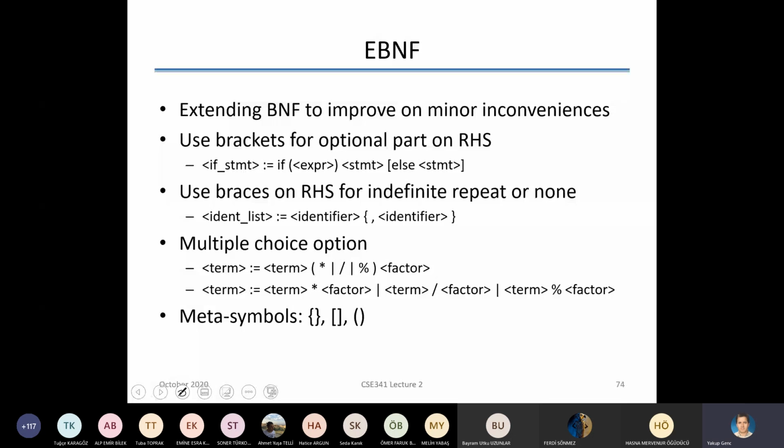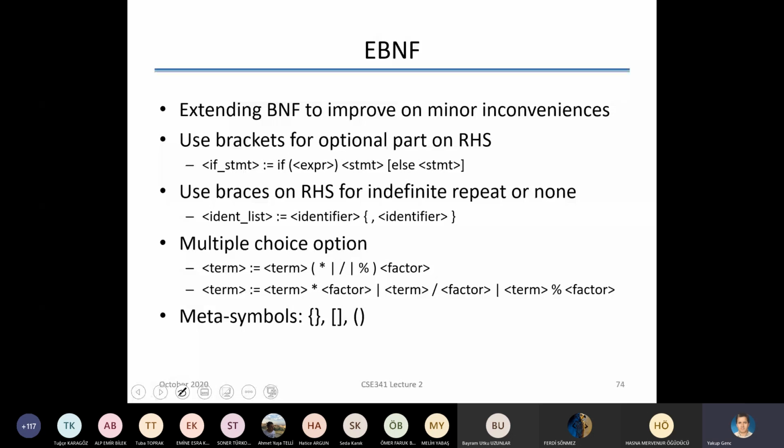Now, one advantage of this shift-reduce parser is that the building of the parse tree comes more or less as a byproduct, for free. So this is also good.